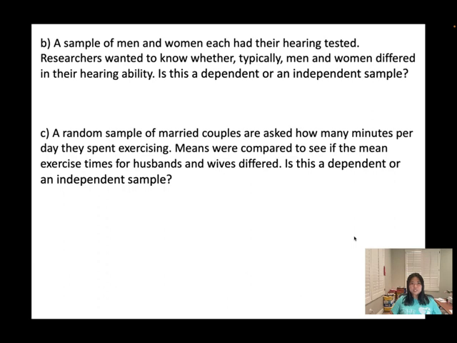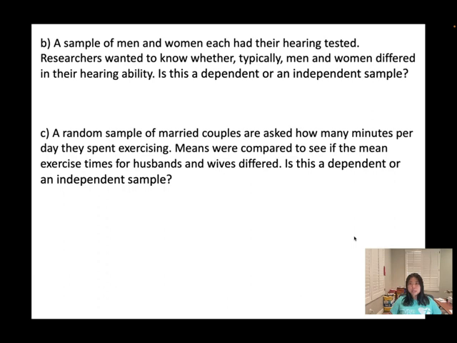Let's try to do B and C by yourself. B. A sample of men and women each had their hearing tested. Researchers want to know whether typically men and women differ in their hearing ability.